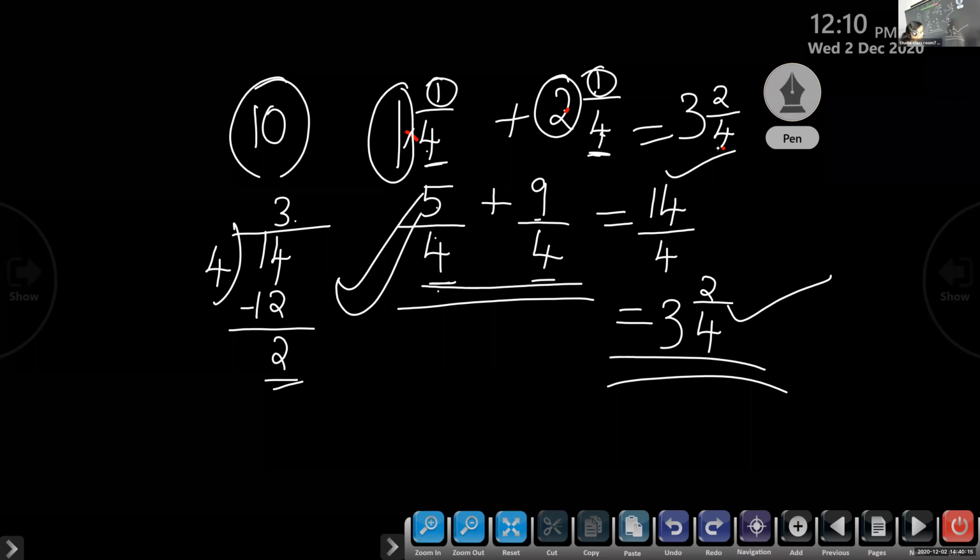We will do now question number 11. Solve 2 and 2 by 9 minus 1 and 1 by 9.